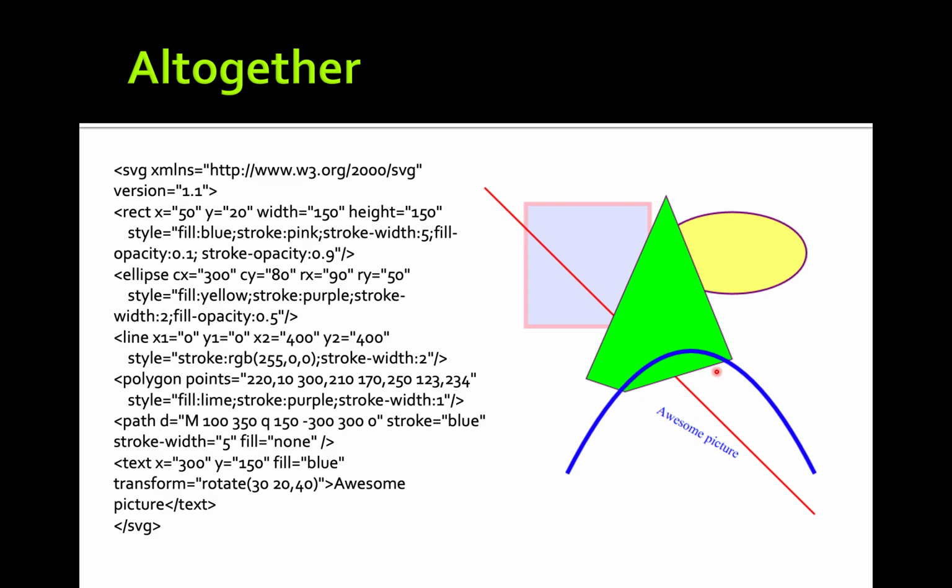If we look at it, we have 4 sides, and we can see 4 points here: the first point, second point, third point, and the fourth point. Because it is a polygon, it will close the shape from the last point to the first point.